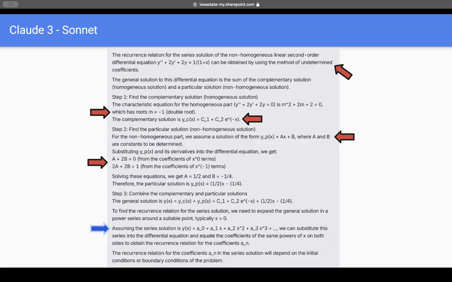All of that is true, but then it doesn't actually do that. So it sort of gave us one little bit that was useful here. It tells us how you would go about solving the problem we asked it to, even though it solved a completely different problem and didn't actually really do that very well. So not stellar with Claude here.